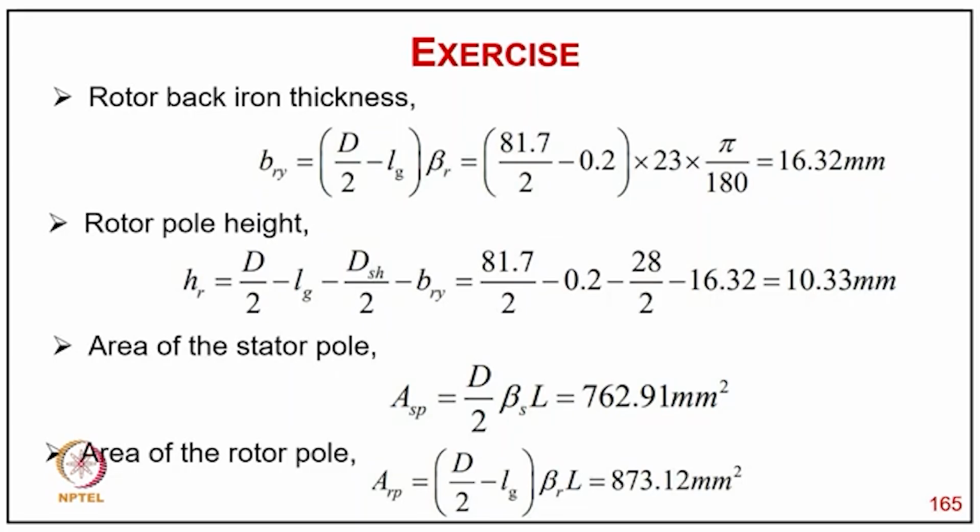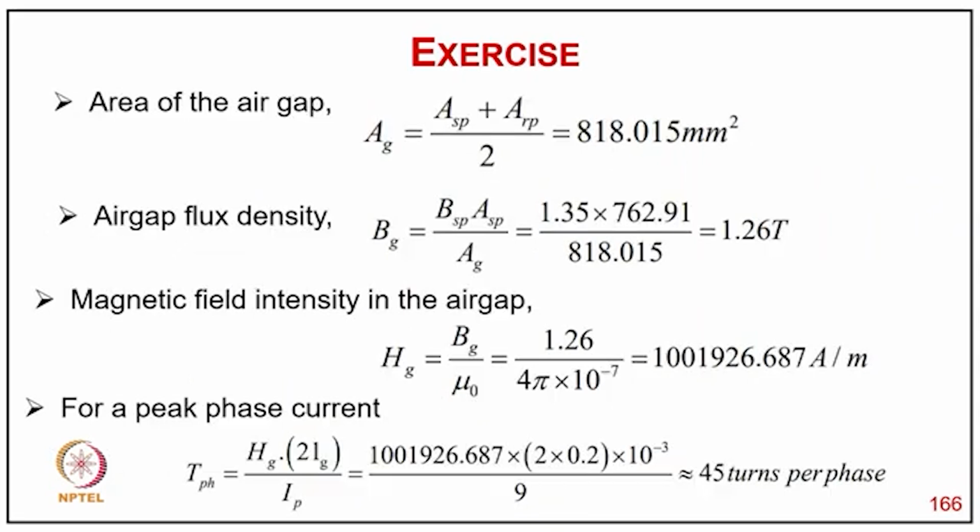The area of the stator pole ASP equal to D by 2 beta S into L comes to 762.91 millimeter square. The area of the rotor pole ARP equal to D by 2 minus Lg and BR into L, that is 873.12 millimeter square. Now the area of the air gap AG equal to ASP plus ARP by 2, that is 818.015 millimeter square.